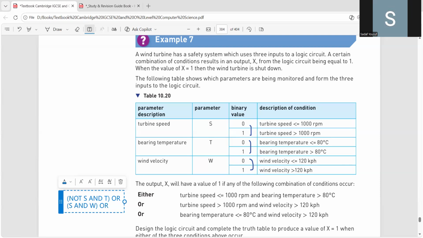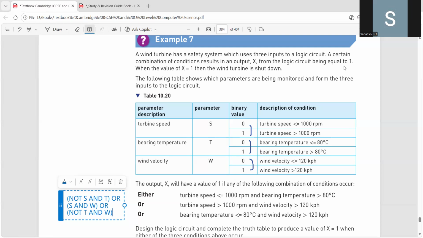And then lastly, the situation is temperature less than 80 degrees. Temperature less than 80 degrees is T 0. So you will simply say not T. And because of this and, velocity above 120 kph, velocity above 120 kph is W. So you will simply say W. And this will complete your logic expression.